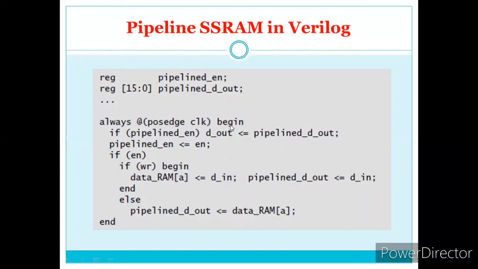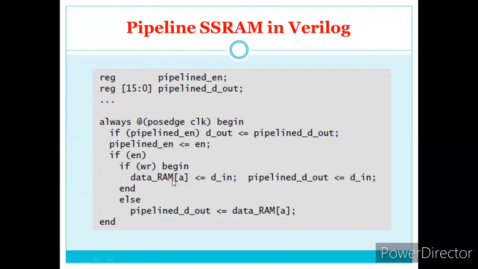in the always block, if you observe the data we are reading out, if pipeline enable is 1, then the pipeline output goes to the data output, making it enable 1. Once this enable 1 is activated, it goes to the pipeline, and performs the data write operation if it is write, and data read operation if it is read.